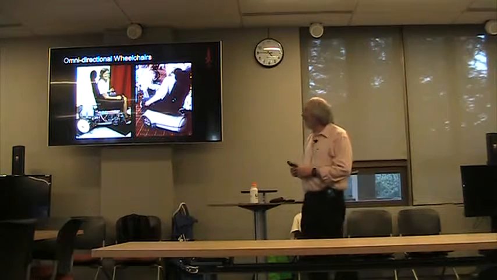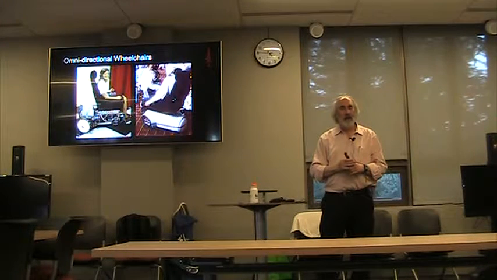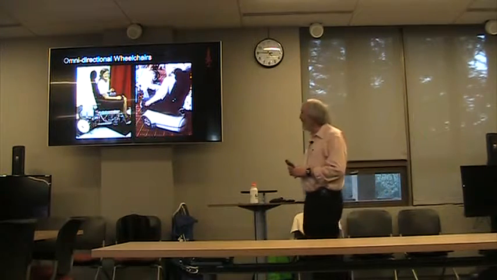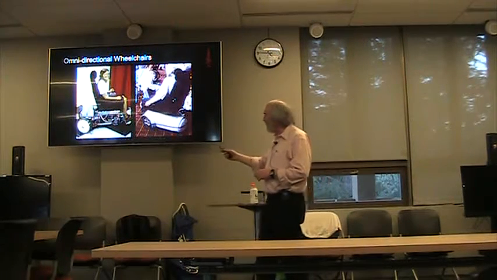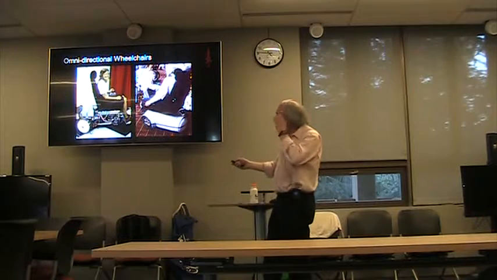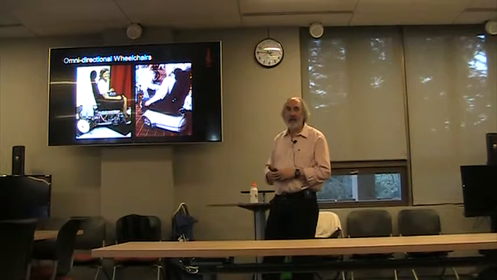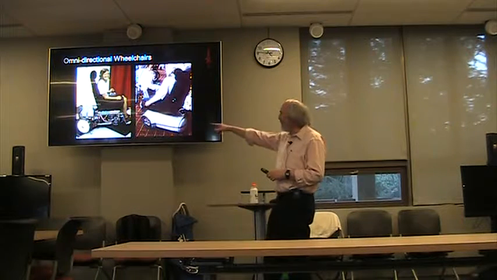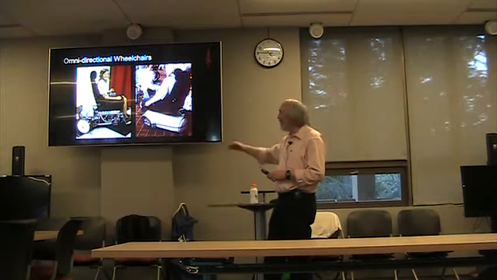So here's a couple omnidirectional wheelchairs that my colleagues and I worked on at the VA in the 80s. The one on the left was the first design. Notice these wheels. They're sort of like wheels that the wheelchair has as the front wheels. So they're omnidirectional wheels. They have rollers on the periphery so it can move in two directions.